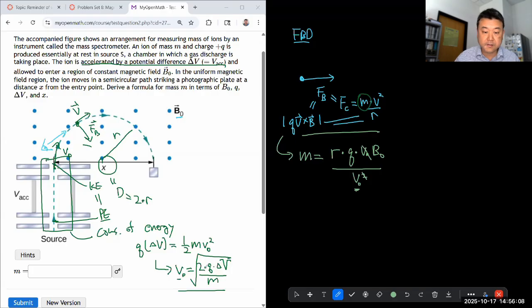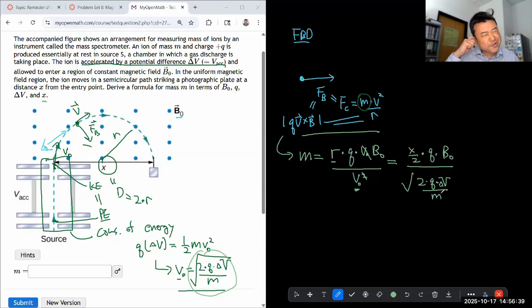And for v naught, I can now put in the expression that I derived. As I'm doing that, let me rewrite r in terms of x. The radius of curvature r is going to be x divided by 2. So x divided by 2 times the amount of charge times B naught divided by the square root of 2 times q times the accelerating voltage, over m.